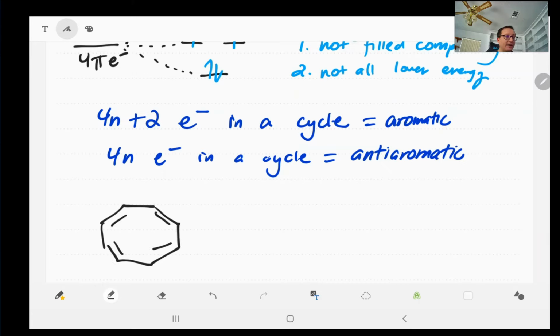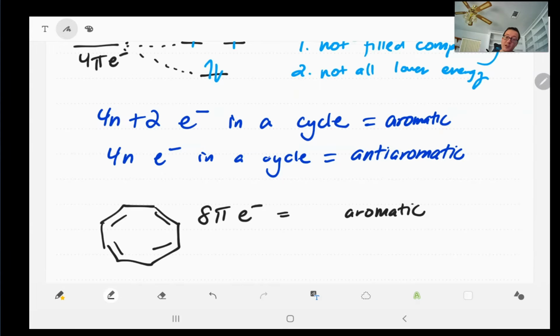So if we have this cyclooctatetraene that has 8 pi electrons, we're definitely going to see that this should not be aromatic. It should in fact be anti-aromatic.